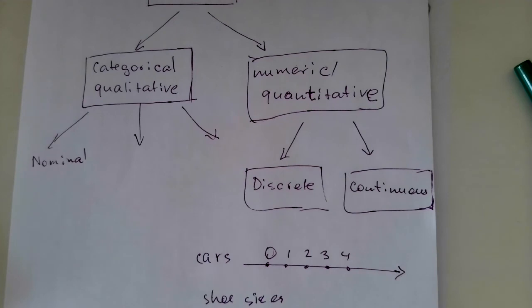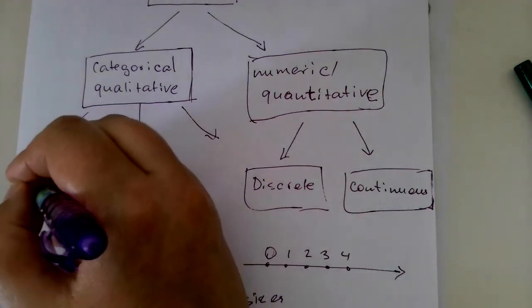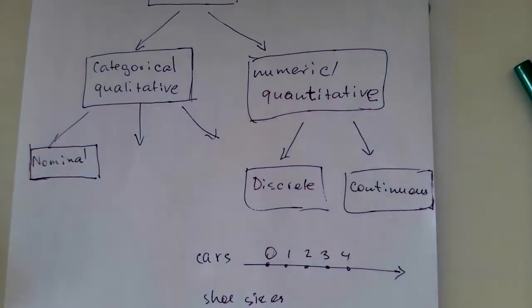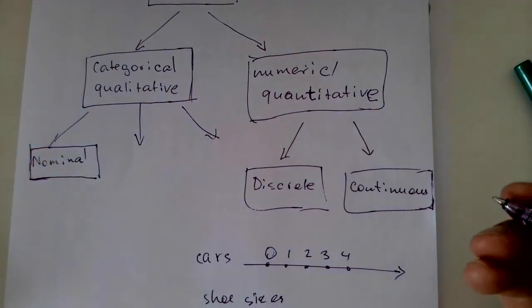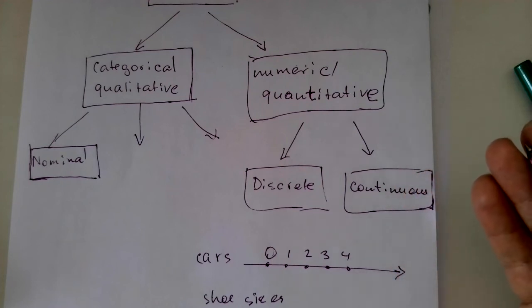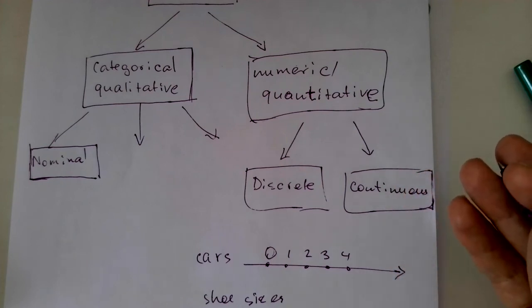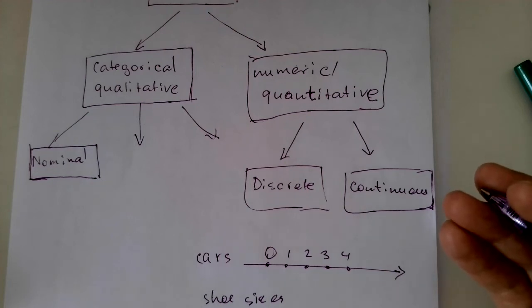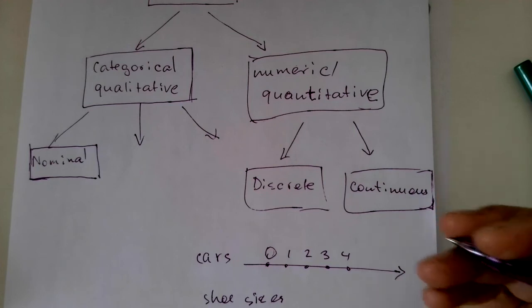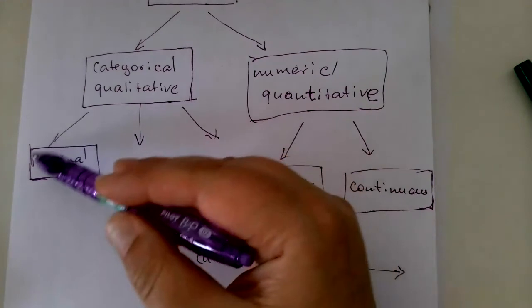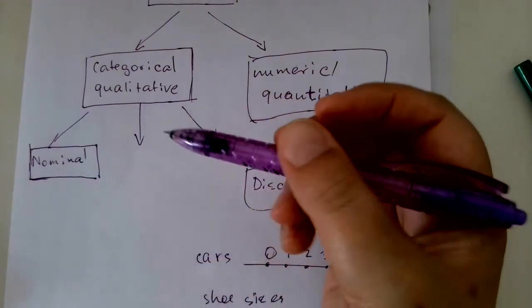For example, the political party the person identifies with, we cannot arrange it in any meaningful order. Another example would be gender, yes or no questions, colors, and that would represent a nominal type of data.